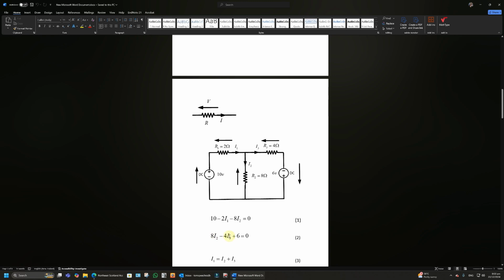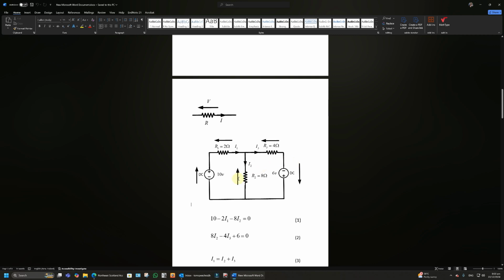So 8I2 minus 4I3. And this time it's going to be plus 6 because it's the same direction as this one, even though it doesn't kind of look it. If you pulled the loop out, you'd see that this guy and this guy are the same polarity. That one's going in the same direction. It doesn't look like it there because it's going down, but if you followed the arrow back, the head of that one is hitting the tail of that one.